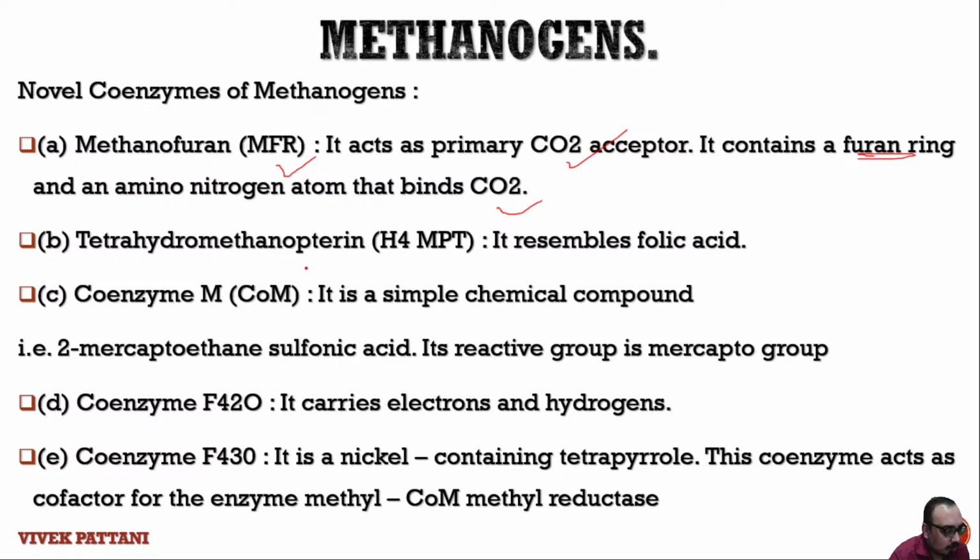I will show you the structure in the next slide. The next one is tetrahydromethanopterin, also known as H4-MPT for short. It somewhat resembles folic acid. The next one is coenzyme M, known as CoM for short.